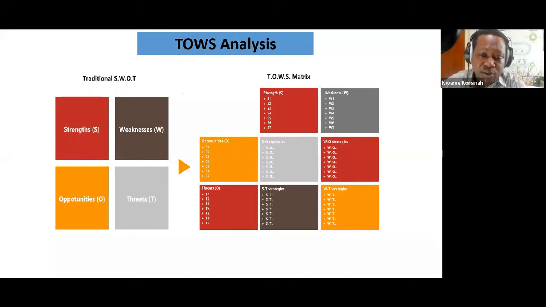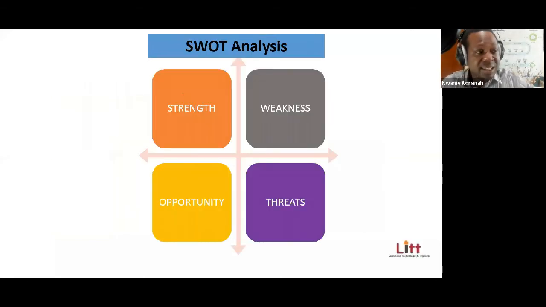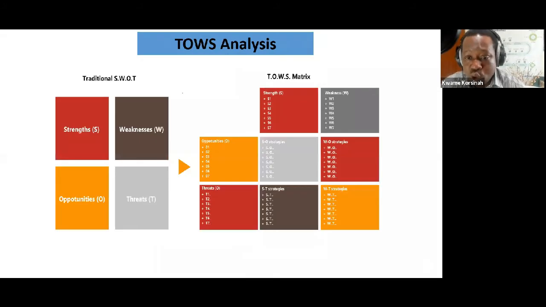And for each one of them, we'll reflect. SWOT is simply, let's identify our strengths, let's identify our weaknesses, let's identify our opportunities, let's identify our threats. It's not good enough. If you identify them, then what next? We will use the TOWS analysis as a tool to help us refine and identify potential options.